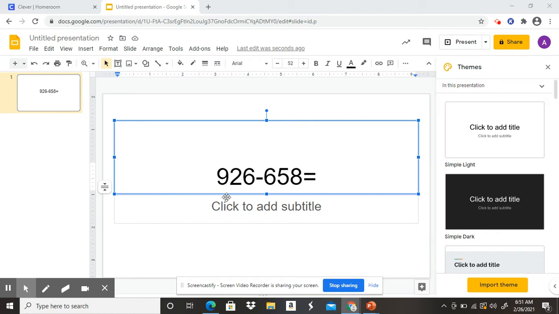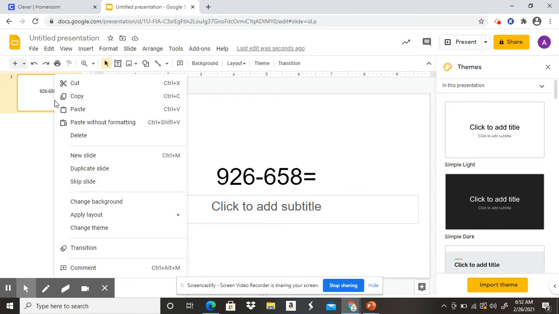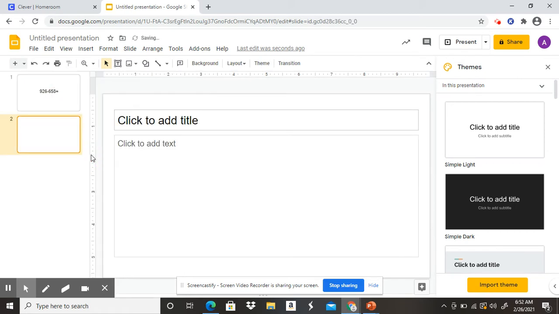Okay, so I am going to make myself a new slide. All right, so I have 926 minus 658. I'm going to round to the nearest tens place to find my estimate, because when you round to the nearest tens place instead of the hundreds place, your estimate is closer.